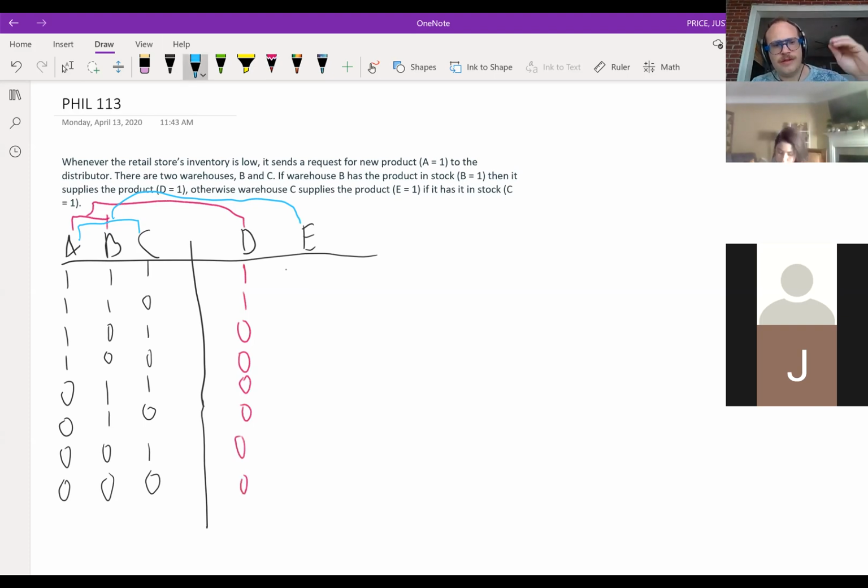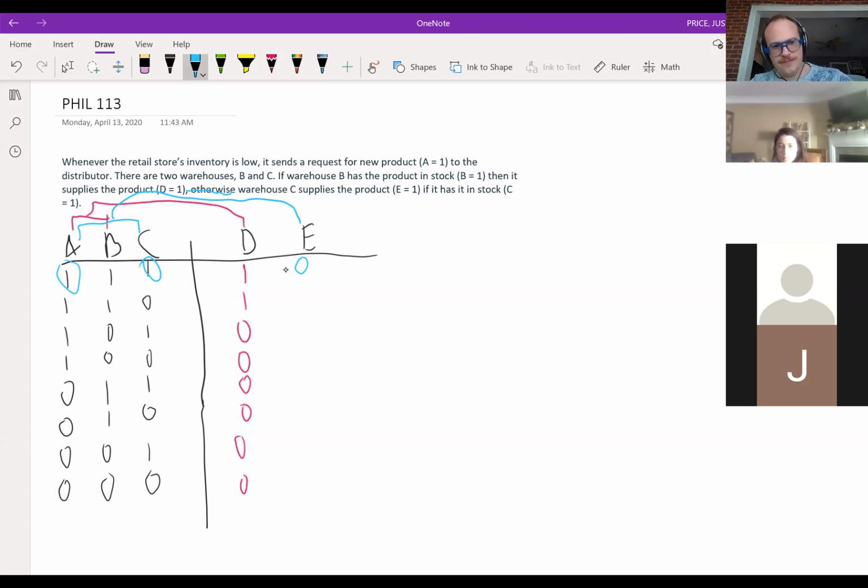All right. So you have to remember this otherwise functioning. So D is the default. So for this first scenario, E is 0, even though there's a signal to resupply at A, and it's got the supply at C, the output's still 0 because D's the warehouse B is supposed to be the default warehouse where things come from.